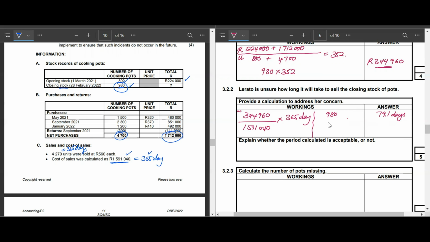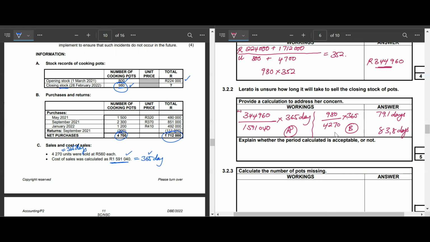So I say what I want is 980 over what I have, 4,270, multiplied by 365. That will give you 83.8 days.